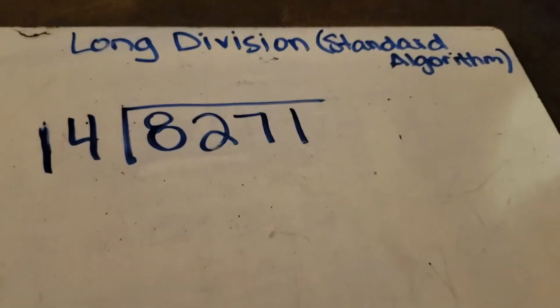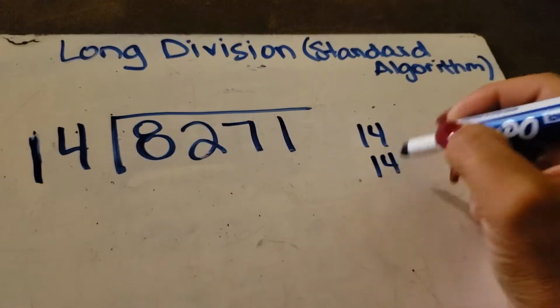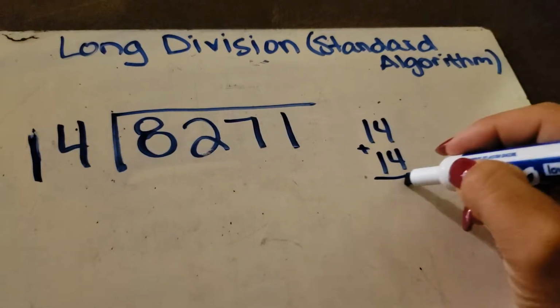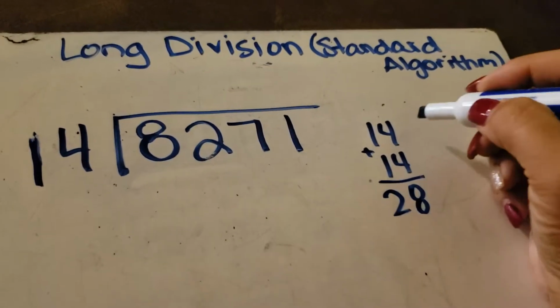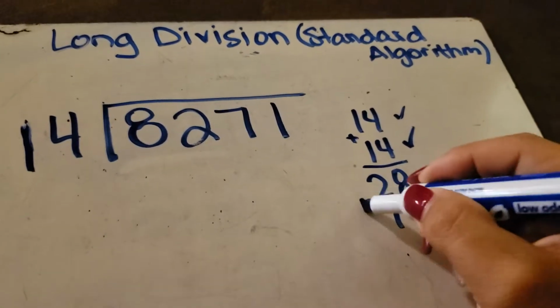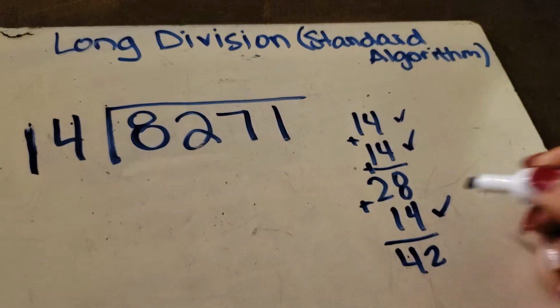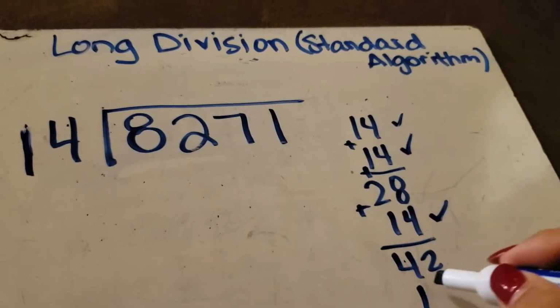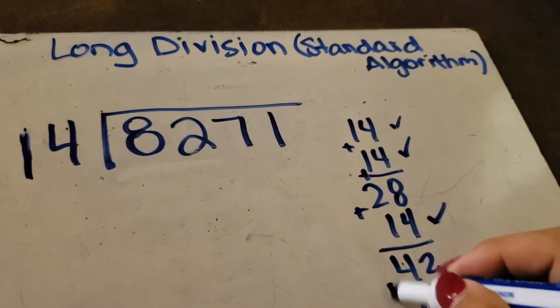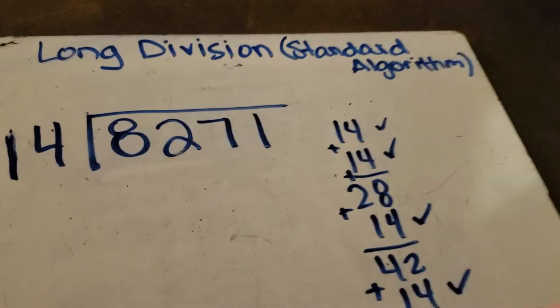Another way is simply to do repeated addition. And I say this because if you do this, we know that this is 1, 2, 3, 4. So you see I can count it off.